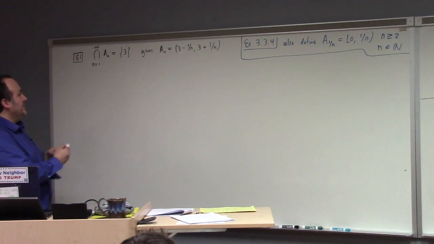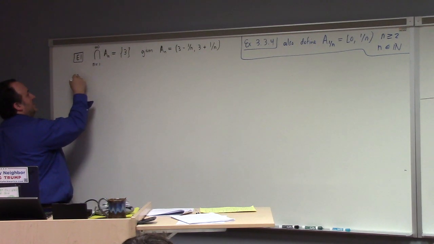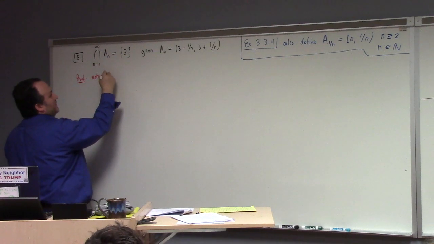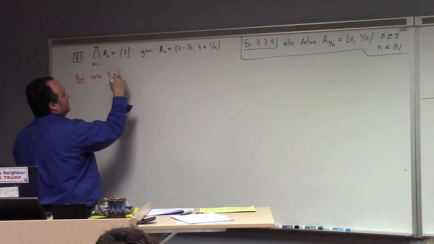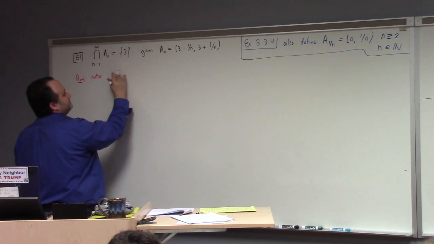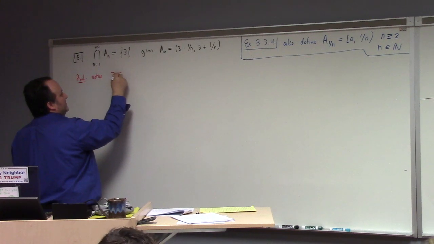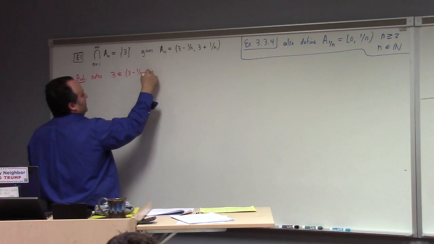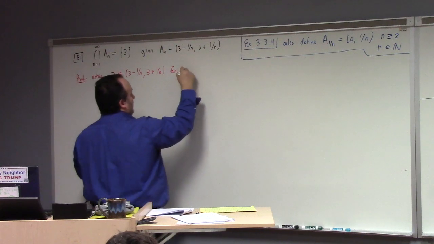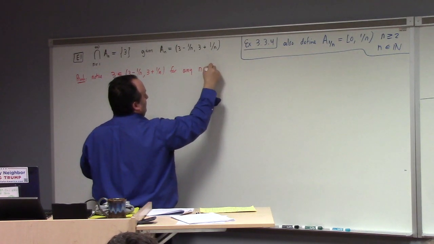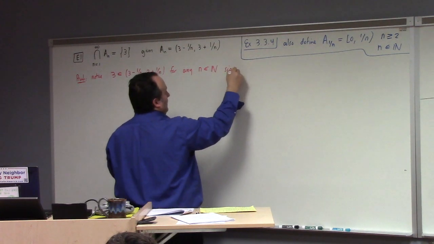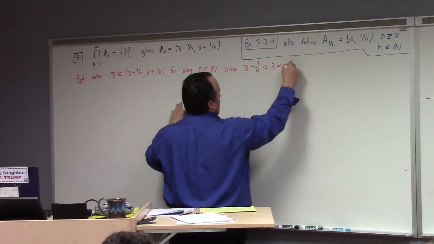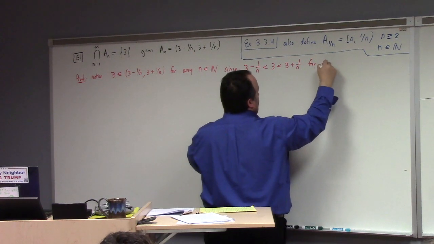Well, the proof goes in 2 steps, right? So first, notice that 3 is an element of (3 minus 1 over n, 3 plus 1 over n) for any n in the natural numbers, since 3 minus 1 over n is less than 3 is less than 3 plus 1 over n for any n, right?